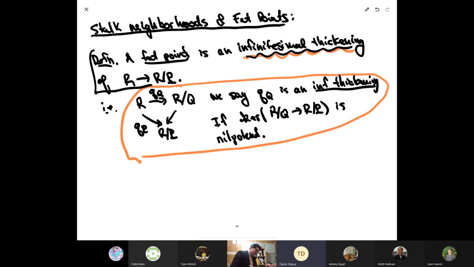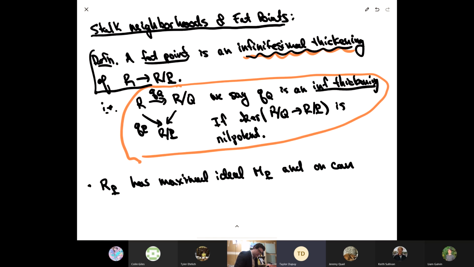So what is the relationship between these two? It turns out that R mod P has maximal ideal M mod P. This is what I wanted to prove today. And what you can consider is this thing R_P hat, the inverse limit of R_P mod M_P to the n.